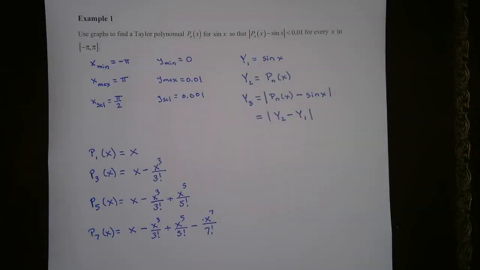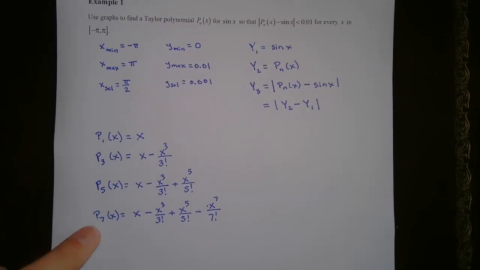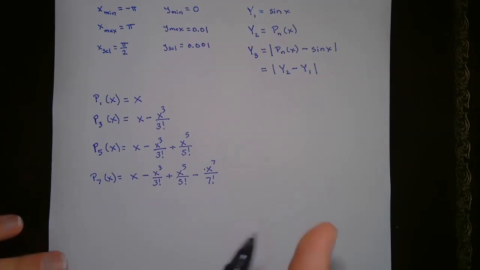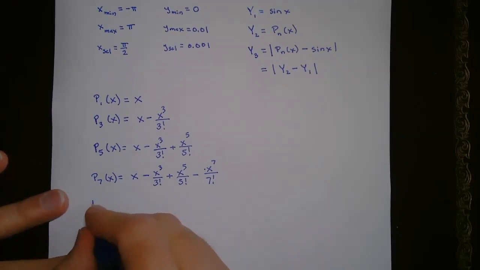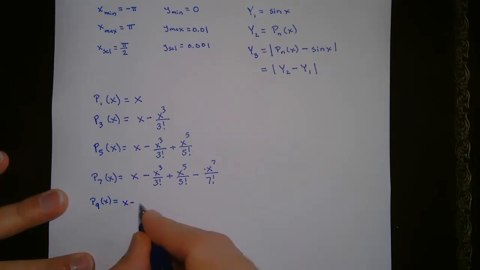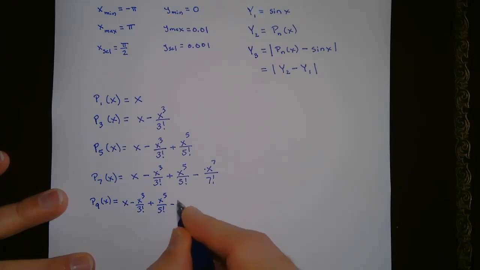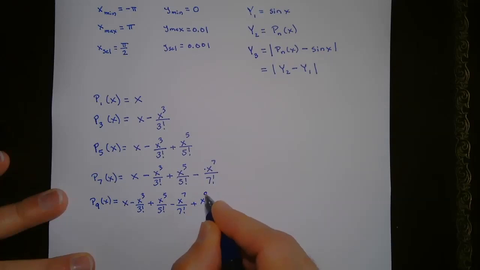Okay, so from the graphing calculator, we now know that we had to go more than just the 7th order for this. So we had to go to the 9th, right? So p sub 9 of x is equal to x minus x cubed over 3 factorial plus x to the 5th over 5 factorial minus x to the 7th over 7 factorial plus x to the 9th over 9 factorial, okay?